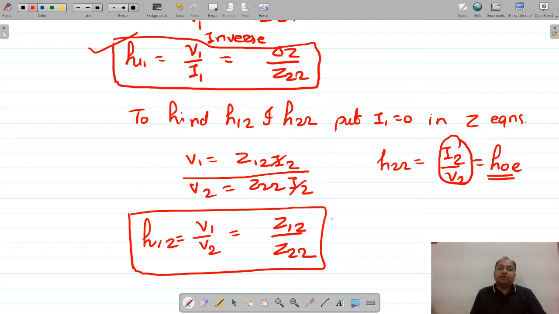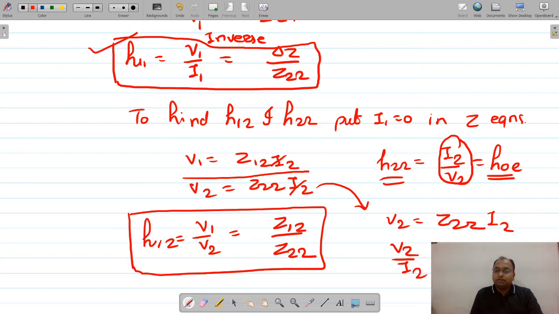So H22, now let us find it from this particular equation, because V2 is equal to Z22 I2. If I take V2 divided by I2, that is, I take the I2 term to the left hand side, then it is going to become Z22.